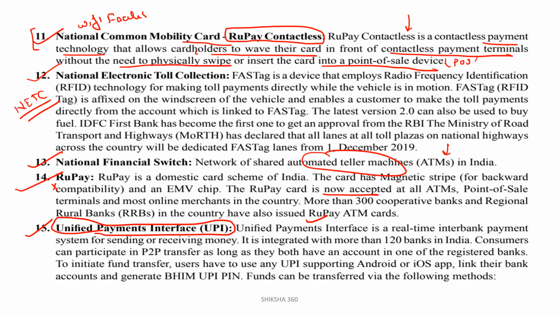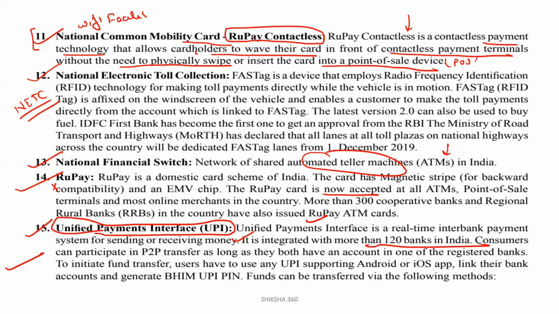It is integrated with more than 120 banks in India. Consumers can participate in P2P transfers as long as they both have an account in one of the registered banks. To initiate the fund transfer, the user has to find any UPI supporting Android or iOS app.